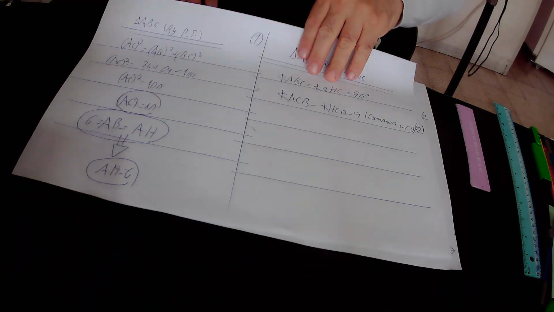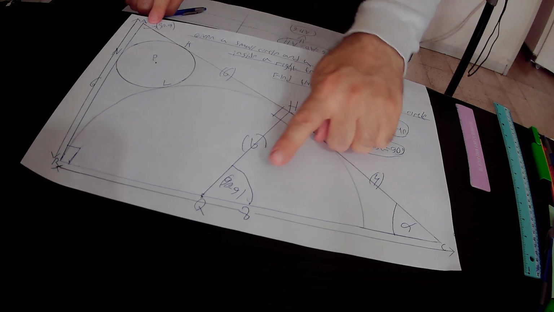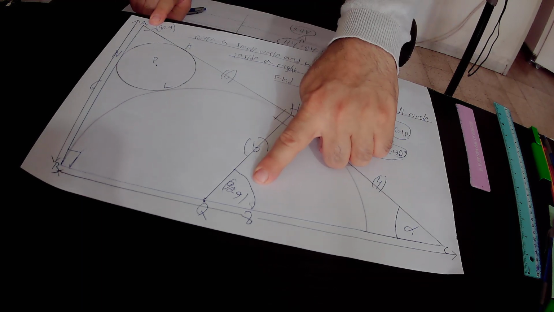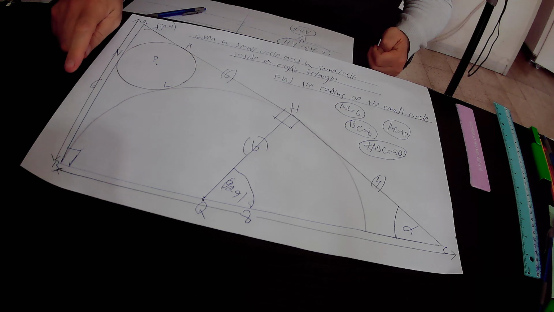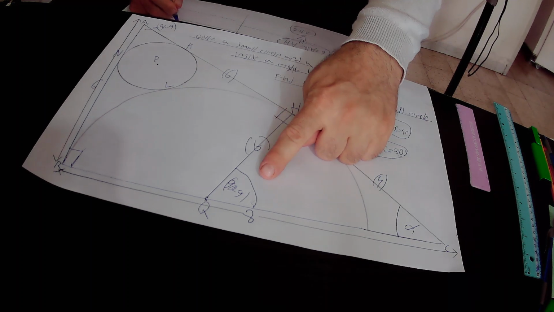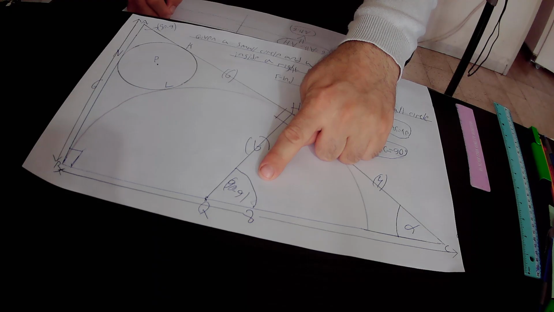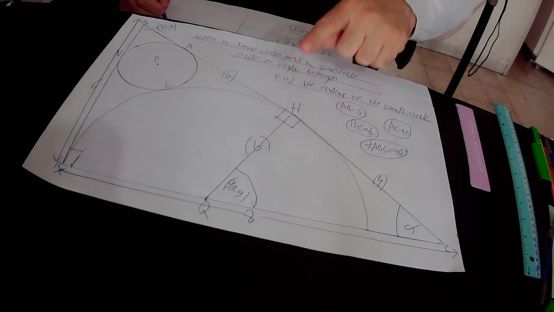And finally, those two angles are both equal to 90 degrees minus alpha, therefore they are equal to each other. So actually, this is angle BAC in the big right triangle ABC, and it is equal to this angle, which is actually angle HQC in the small right triangle HCQ.